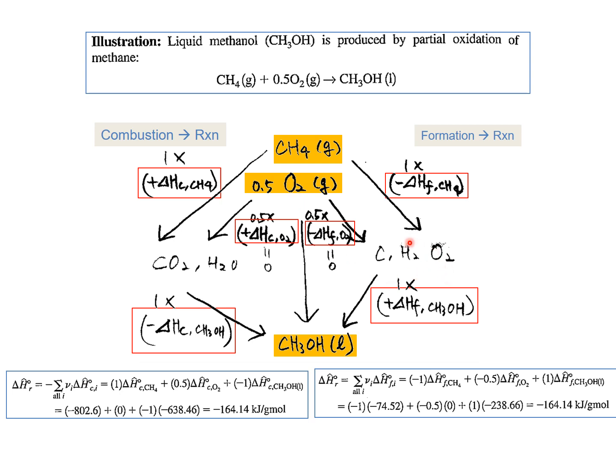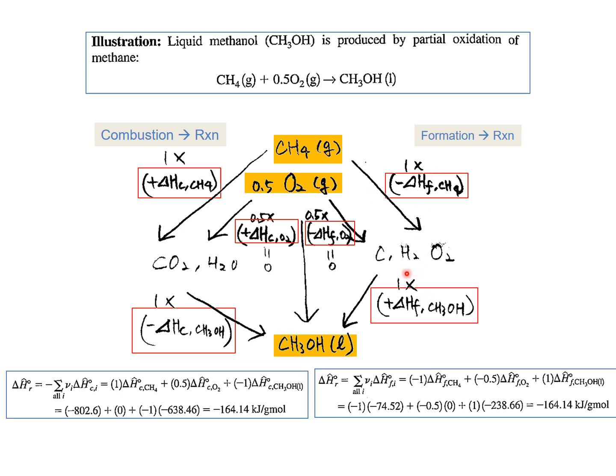So from these elemental compounds to the reactant, we could use the minus delta H formation of CH4, right? Because the backward reaction has delta H formation of CH4. So to go from CH4 to the intermediate, we should put a negative sign in front of the formation energy of CH4. How about the O2? Minus delta HF formation of O2, but O2 is the basic element, so the formation energy is just 0.